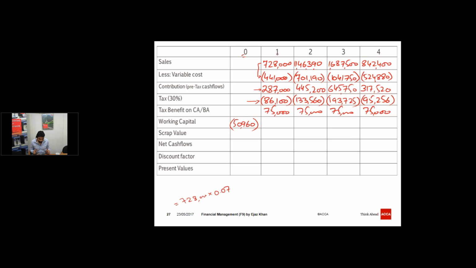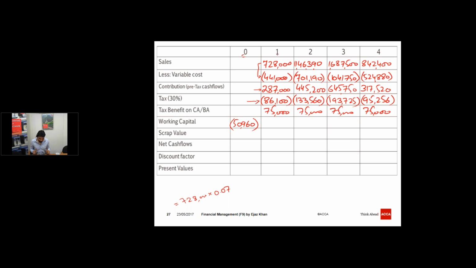But we already know we have injected 50960 at the start of year one. So if we incorporate 80247 at the end of year one, it will exceed what we need for year two because we have already injected 50960. So we will not put in an additional 80247. This is our total requirement for year two.